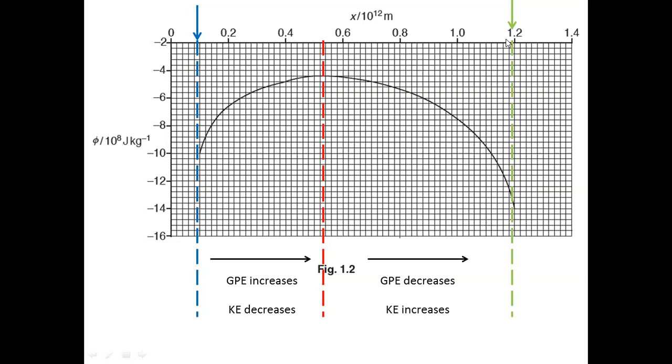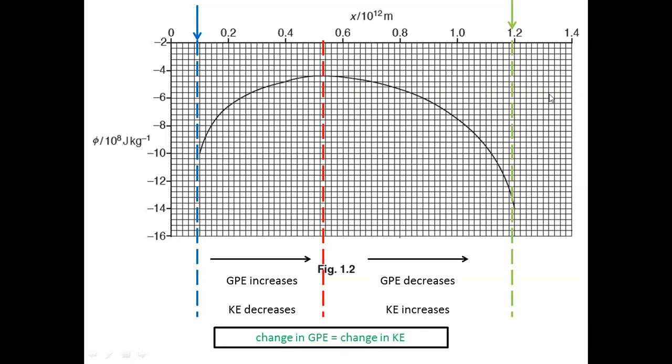So here, the information that we can actually get is that the change in GPE will be equal to the change in kinetic energy. And take note that if it's an increase for GPE, it's a decrease for kinetic energy, and vice versa.